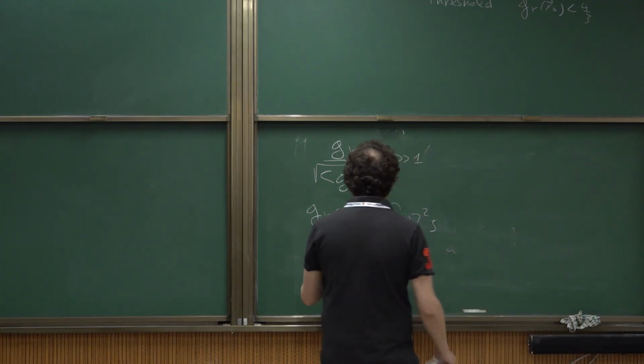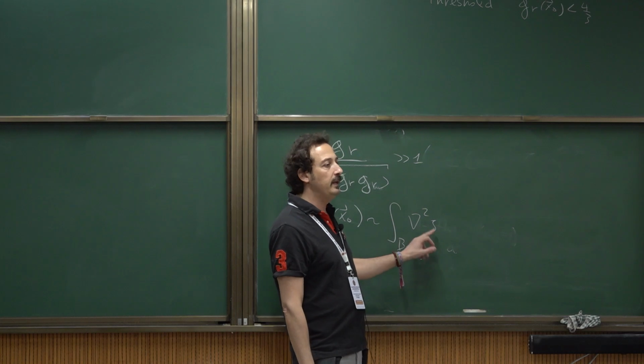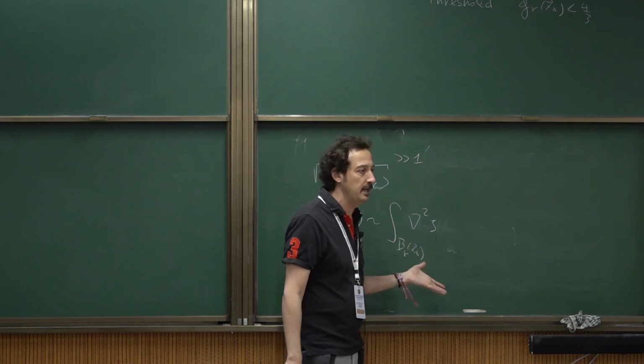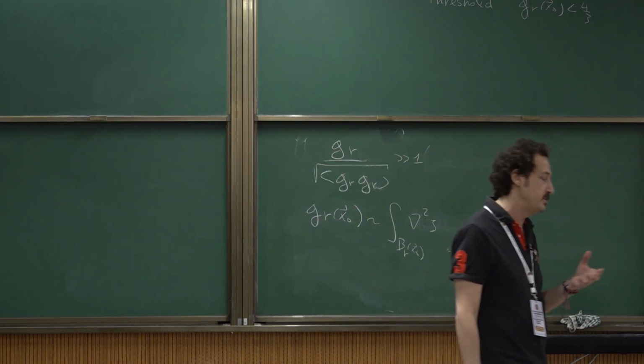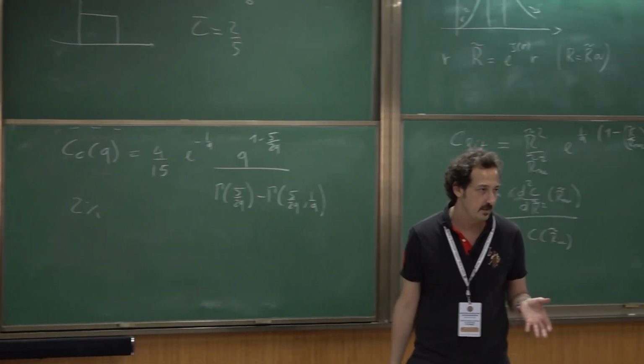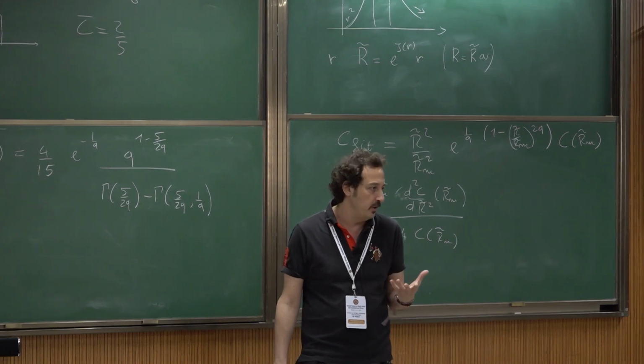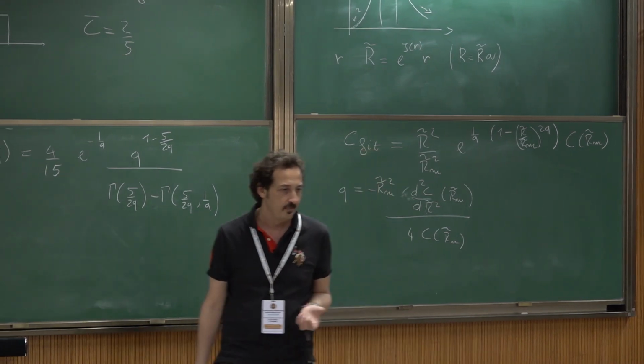So, because zeta is a statistical variable, the integral of the Laplacian is still a statistical variable. It's not the same statistical variable, but it's still Gaussian. So if one is Gaussian, the other one is Gaussian. The only thing that will change, of course, is the correlator, because we are doing an integral and a Laplacian.